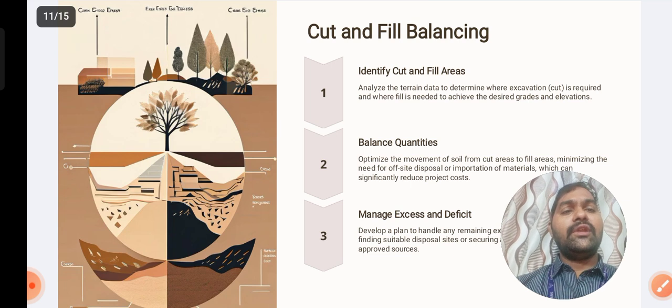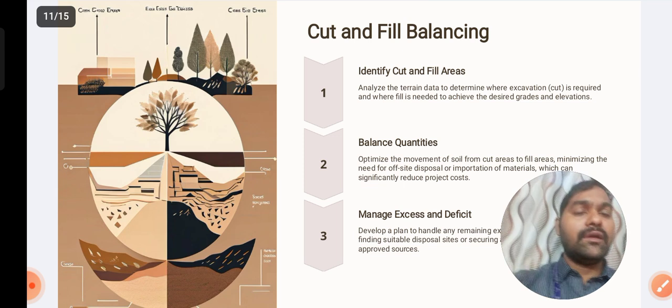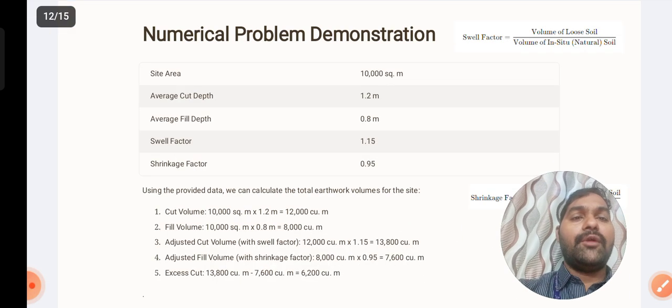And if only cut is there, then the excessive soil we keep as an embankment. Or if it is balancing, no need. But if it is fill, definitely we also go for a cost estimation for it. Likewise we go for a problem.